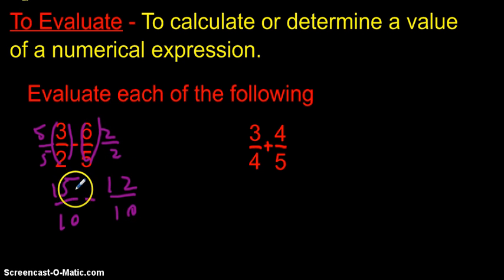So this is like having 15 slices of a 10-slice pizza, and you take away 12 of them, you now have 3 slices of a 10-slice pizza. Or what I prefer to do when I write this way is say 15 minus 12 over 10. So you can write them over a common denominator, and then we get 3 over 10.